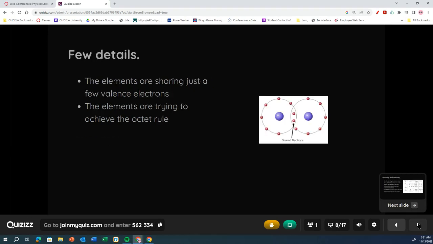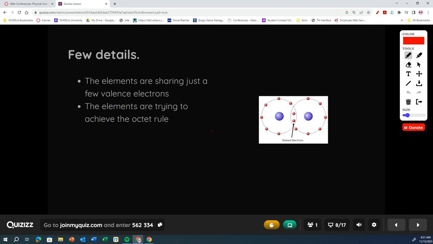The elements are sharing just a few valence electrons. The elements are trying to achieve the octet rule. Remember, the octet rule is either 8 or 2.